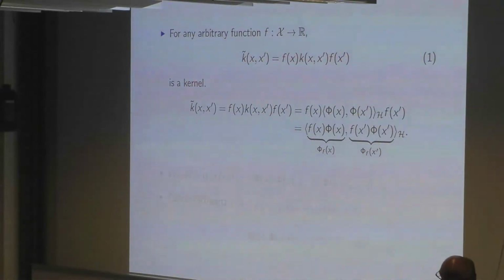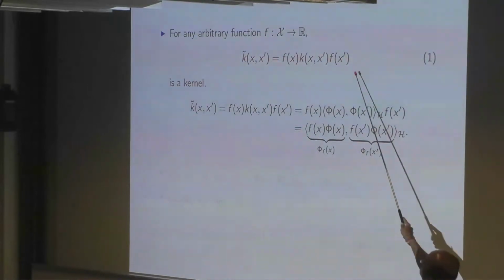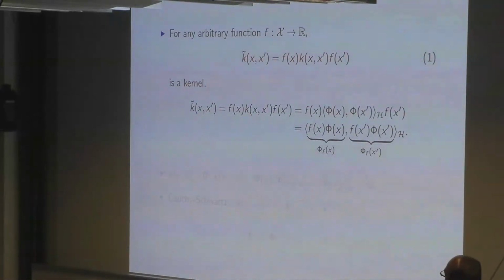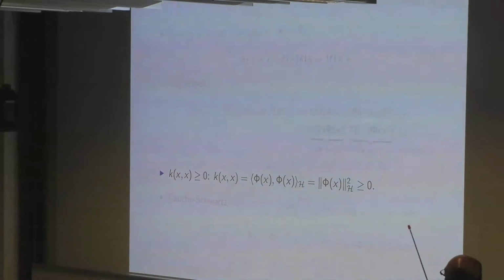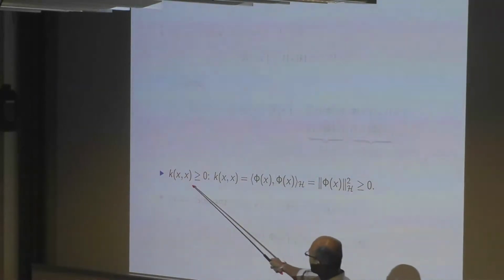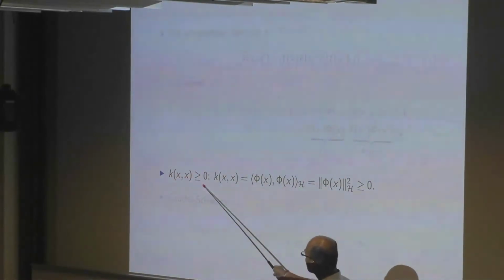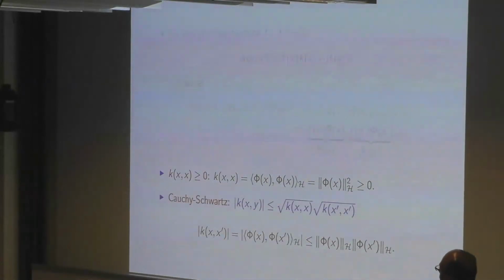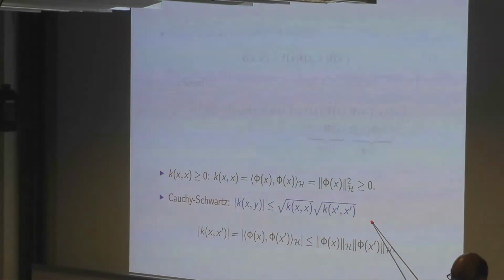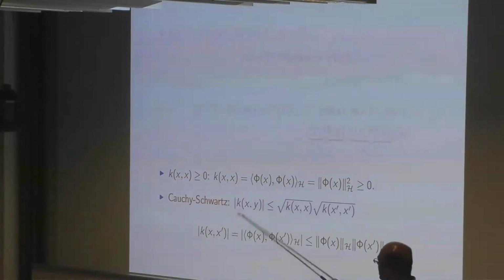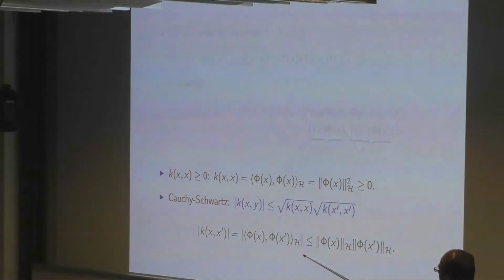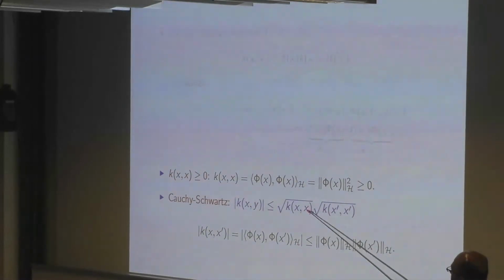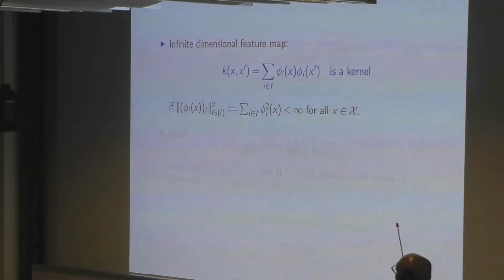And this says the kernel function along the diagonal is always non-negative, and this is the Cauchy-Schwarz inequality. Because K is a kernel, you have this inner product, and by applying Cauchy-Schwarz we get this, which is nothing but the square root of the kernel times the square root of the kernel. Standard.